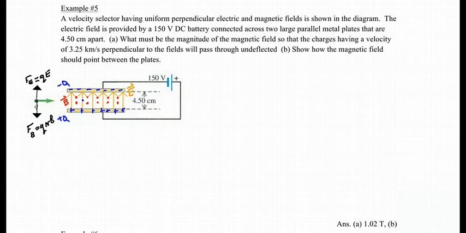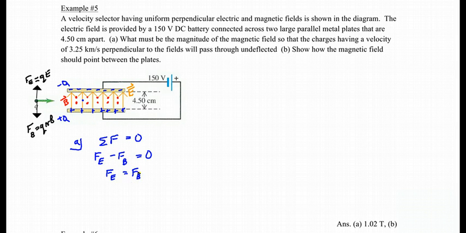So now, solving part A, we note that the sum of the forces should balance out to be 0. It means the electric force upwards minus the magnetic force downwards will be equal to 0, or the magnitude of both of those forces will be equal to each other.